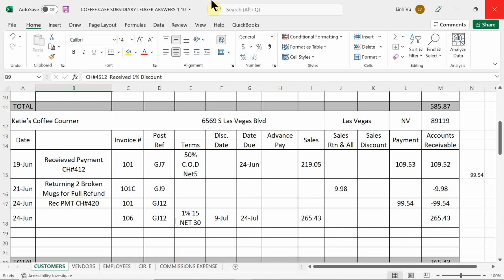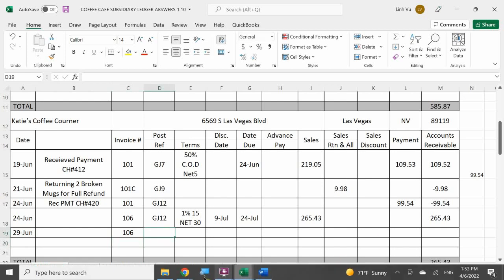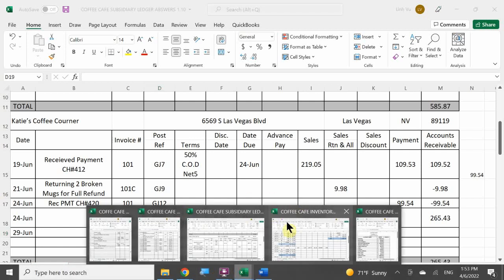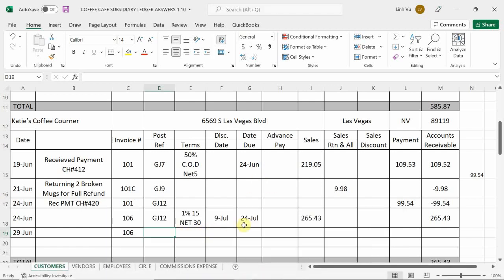So in this case, if you want to fill this out as we go, 29, she's paying for invoice number 106, and let's see, do we have enough space in this journal? Well, let's go ahead and just continue. We'll fill the rest out later. So how much is her discount going to be?